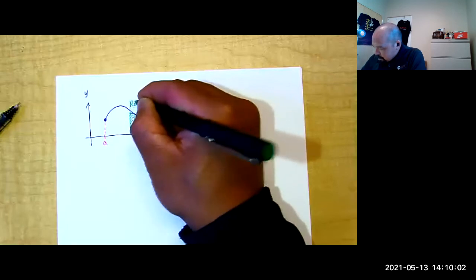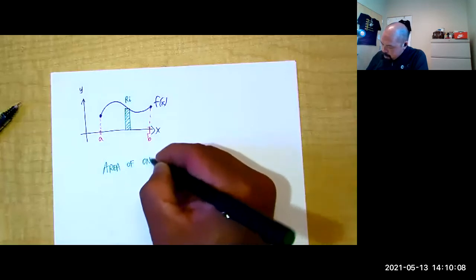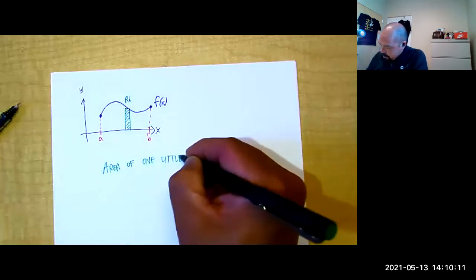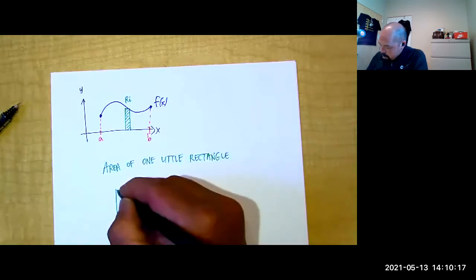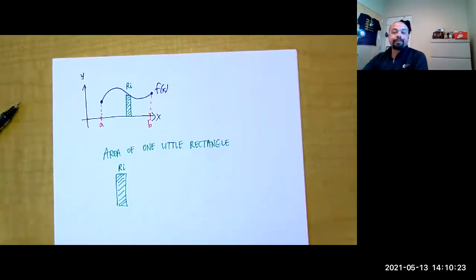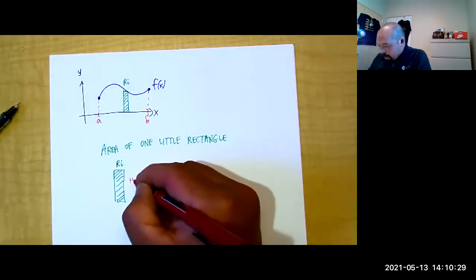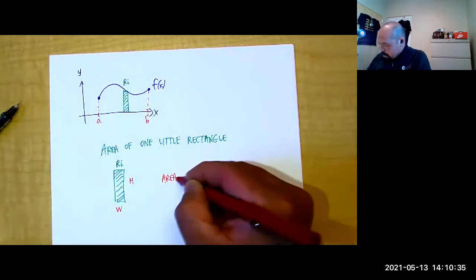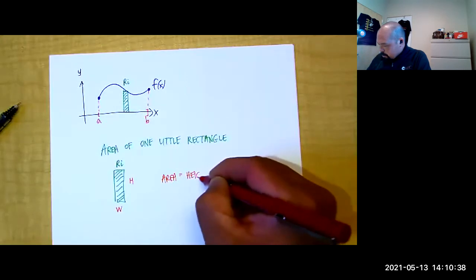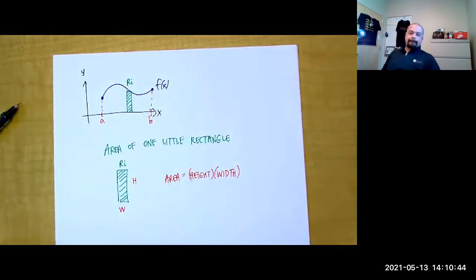This is my R sub I. So the area of one little rectangle, R sub I. Okay. Well, the area for a rectangle, as I mentioned, was the height times our width, right? Length times width, whatever you want to call it.